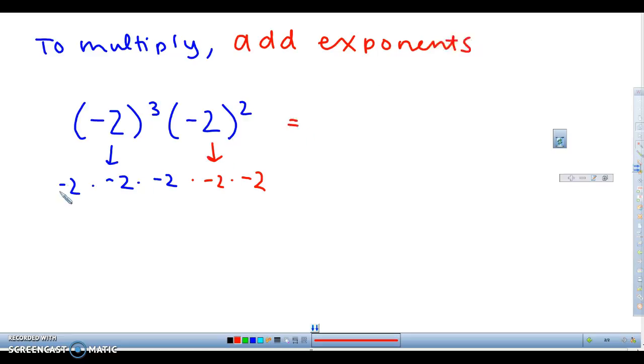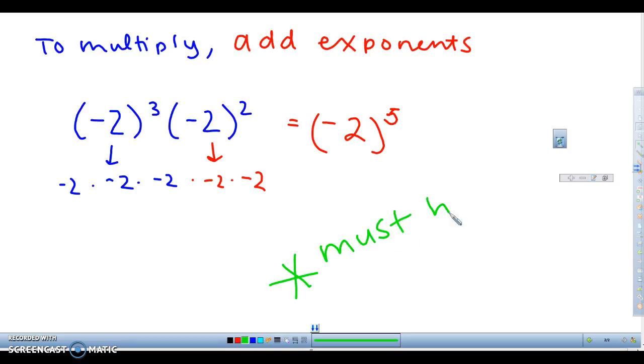So, if you will notice, I have 5 2's down here. But when I go up here, I have negative 2 to the 3 plus 2 is 5. That matches. Holy cow. So for this to work, the important thing to know is that they must have the same base.